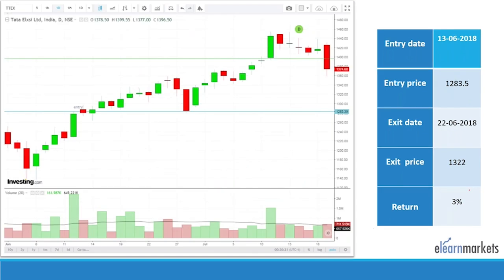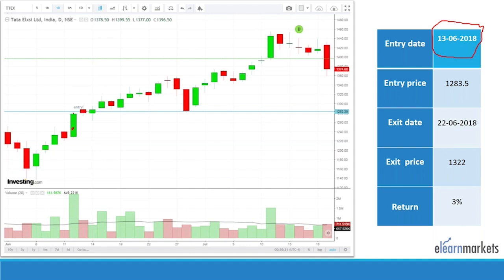If we go to the next trade, Tata Elxsi, the stock came on 13th of June, which was actually the 12th June scan, and the trade available was for 13th June. Same logic. So you have here this day high.